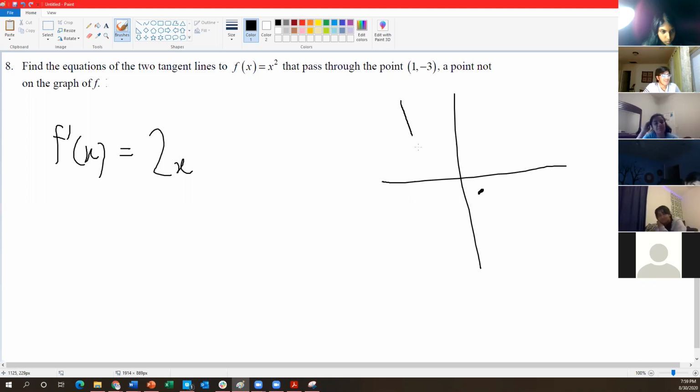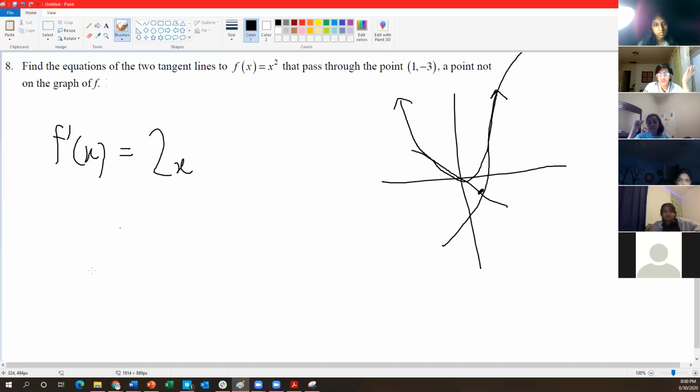She drew it on the paper, so I think we get it. So it looks like that and like that. Pretend that's a straight line, and we're trying to find the equations of these two tangent lines. Now the tangent line is always going to be 2x, right? So what we're trying to find is the points.